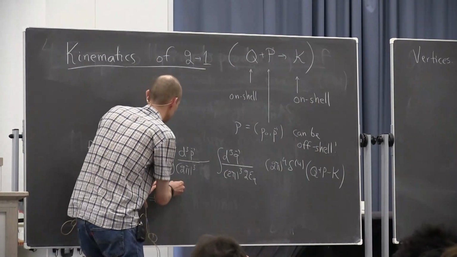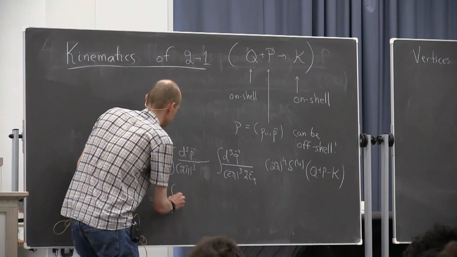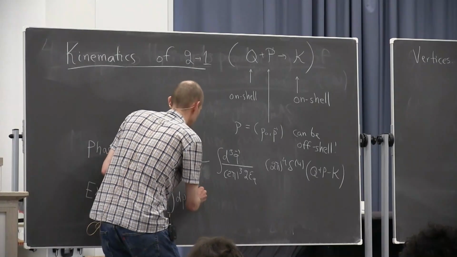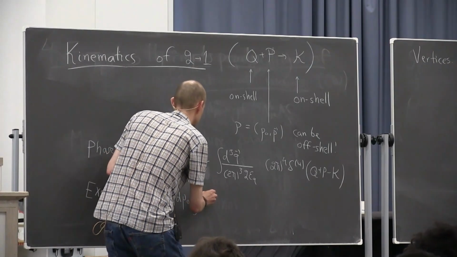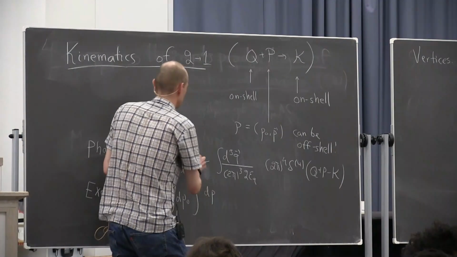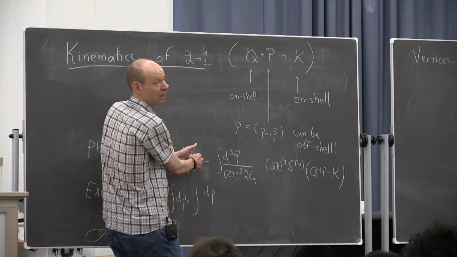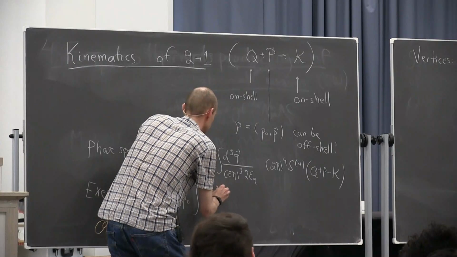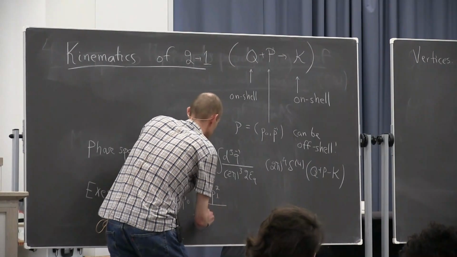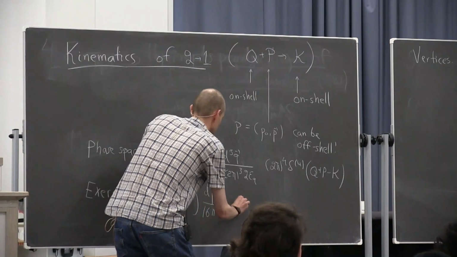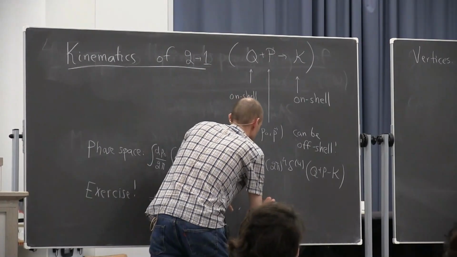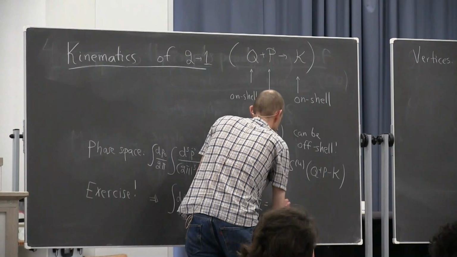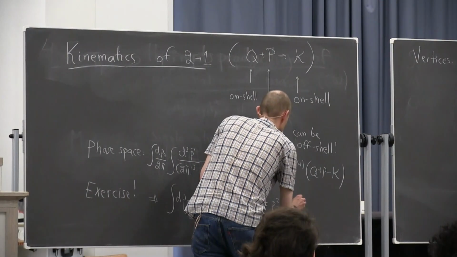At the end of the day, we can write the two-dimensional integration. We can keep the P0 as an integration variable. And then we have another integration. It turns out to be helpful to write it not in terms of the absolute value of P, but in the exercise I write it as a function of what we call P perp squared, 16 pi squared K, where P perp squared is P squared minus P0 squared.